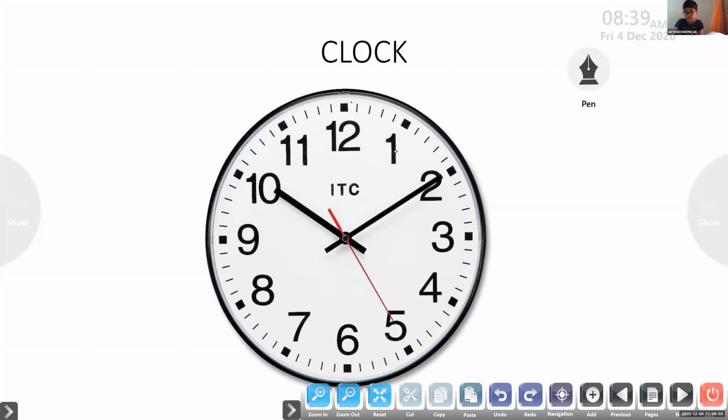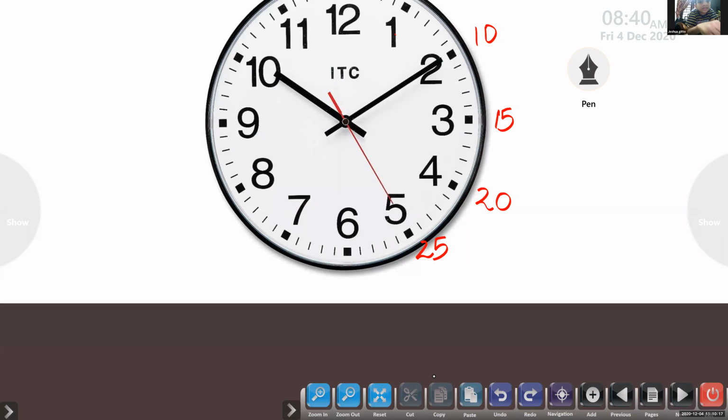Now, if the minute hand is on 1, how many minutes are there? 5 minutes. If the minute hand is on 2, 10. On 3, 15. On 4, 20. On 5, 25. On 6, 30. On 7, 35.